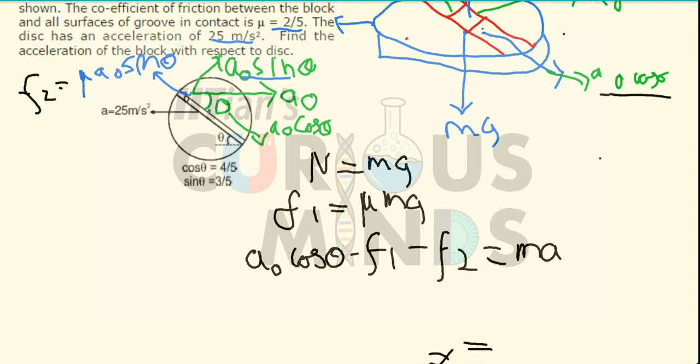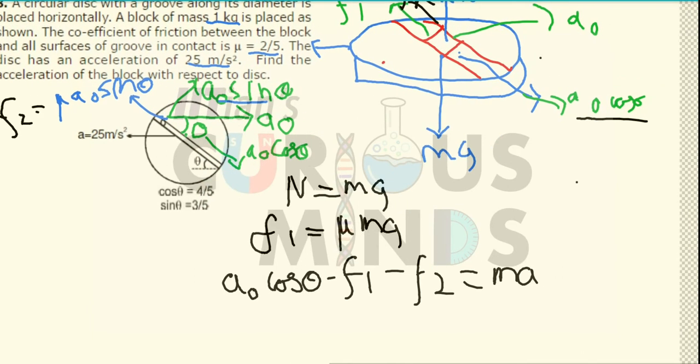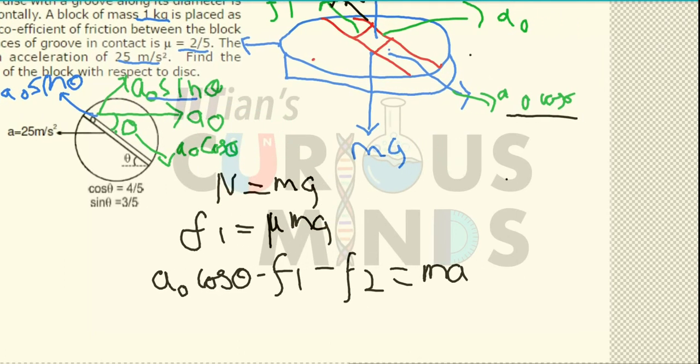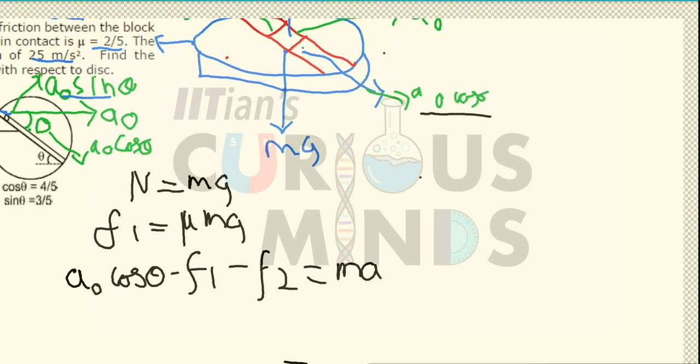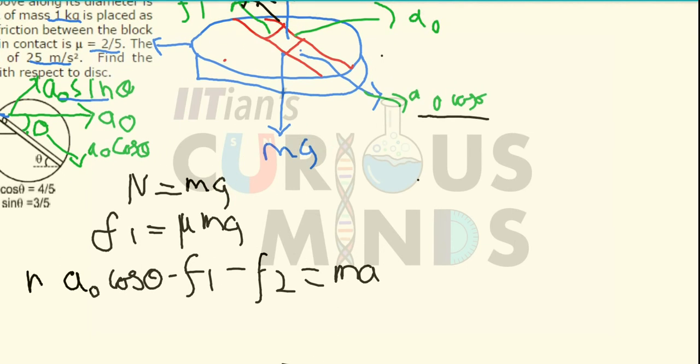So A naught cos theta, where cos theta is given as 4 by 5. Since I am writing the force, it will be M A naught cos theta, where mass is given as 1, which is 25 into cos theta, 4 by 5, minus the frictional force F1.